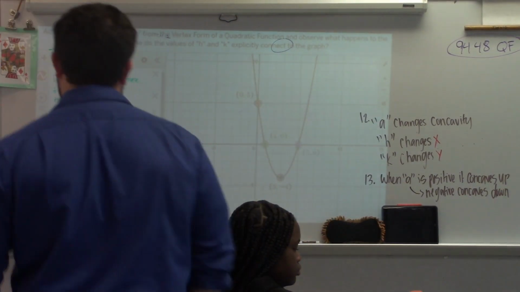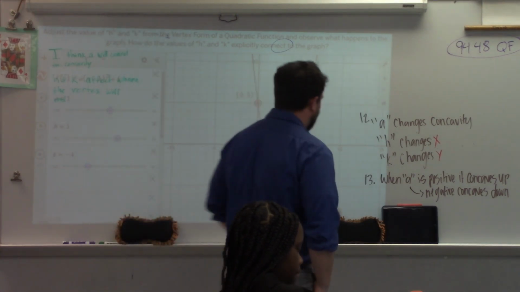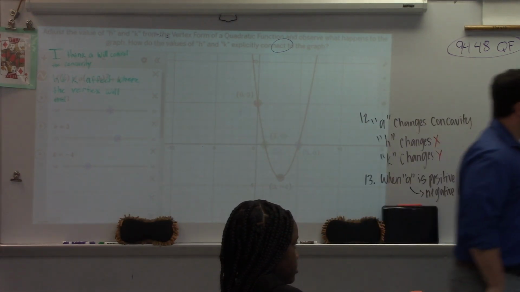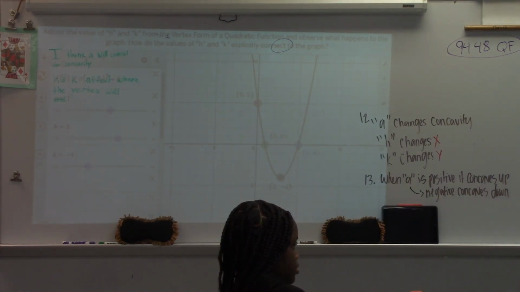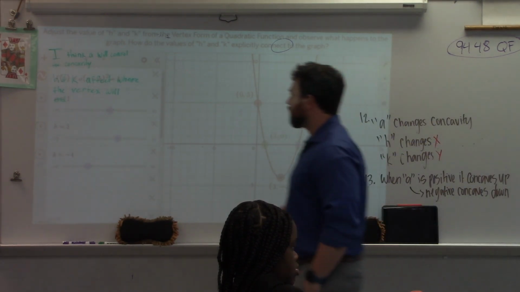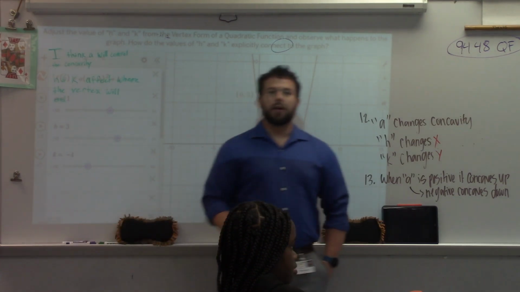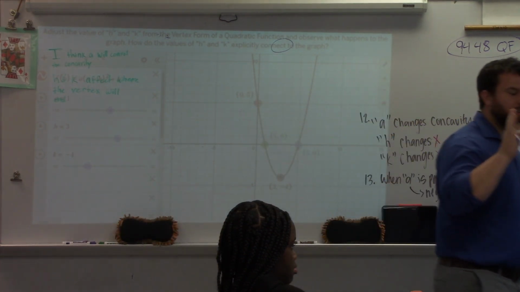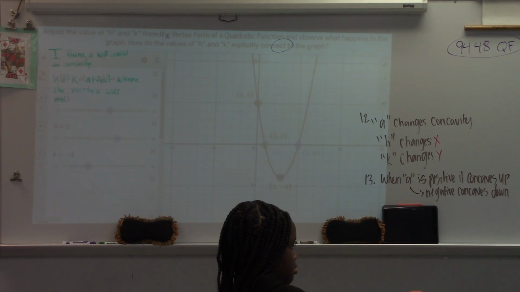So, recapping right here. Okay. So, once again, just like before, what did A change about this parabola? Concavity. Now, remember, I do need to say this. Each of these values will affect the y-intercept, the x-intercept, the vertex, things like that, okay?